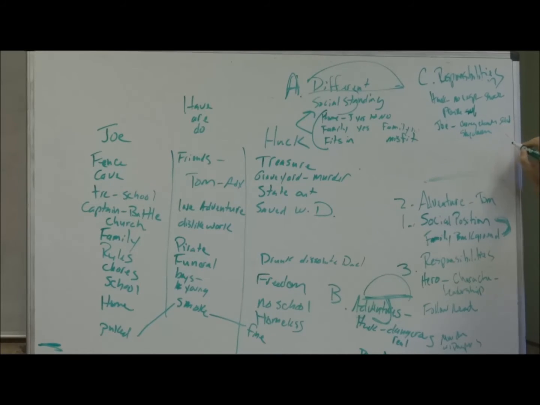Huck was also responsible for staking out Injun Joe. Yeah, that's true. So he was responsible for himself, and what that led to was he took some responsibility for others. So who else did he take responsibility for? Tom, and who else? Widow Douglas. So see, that makes for a very meaty paragraph, which is full of interesting and important ideas.